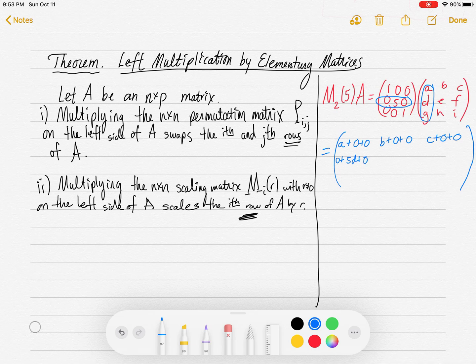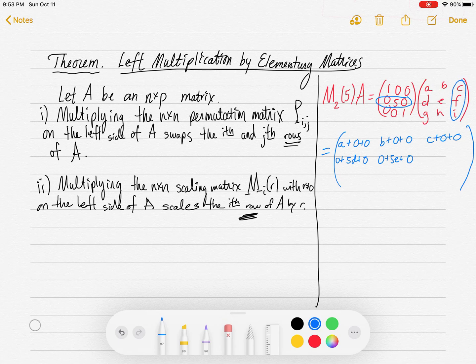Let's go into the second row. I'm going to take the second row and dot it with the first column. We're going to get 0 plus 5d plus 0. All right, second row, first column done. Now the second row, second column.